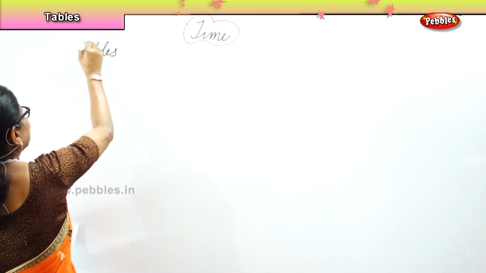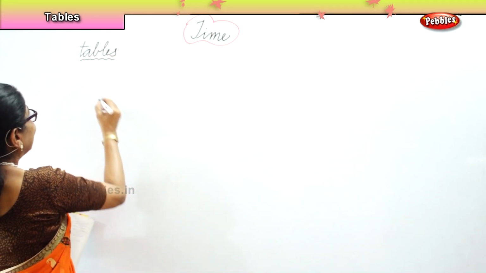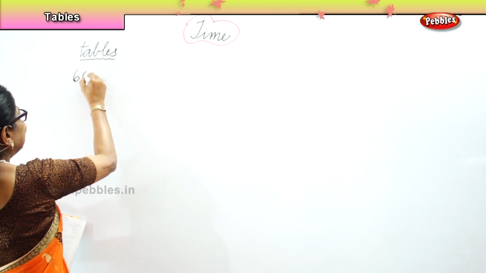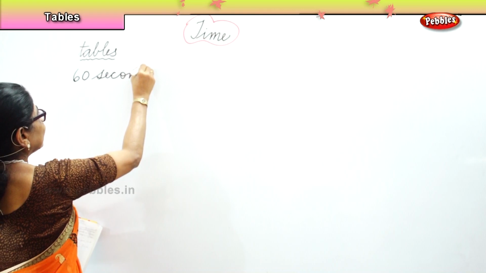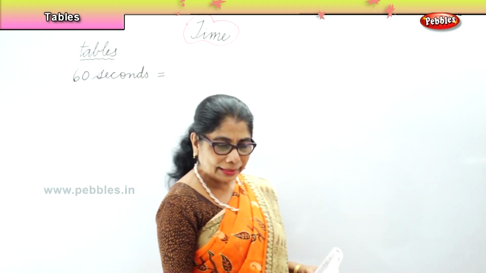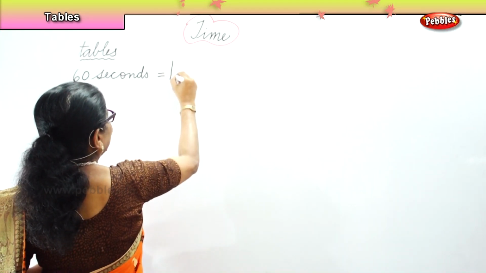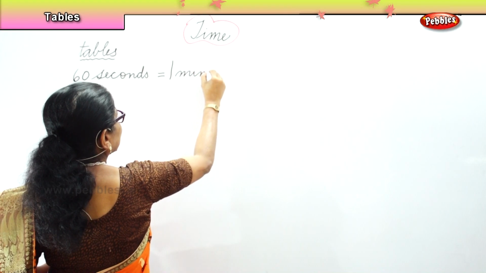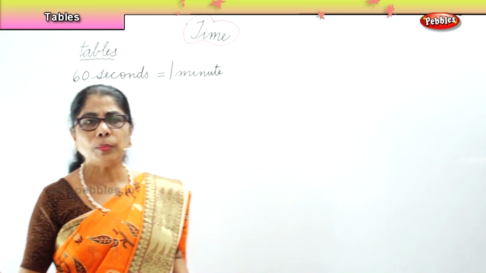Tables of time. What is the table here? When I say 60 seconds, equal to what? 60 seconds equal to 1 minute. 1 minute, 2 minutes, it goes on.